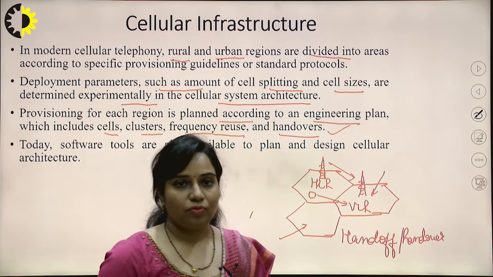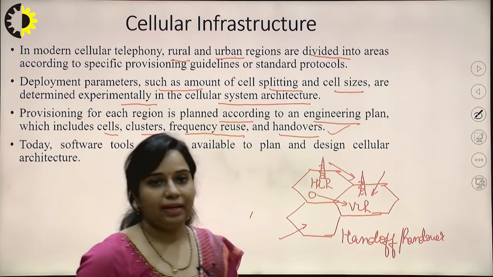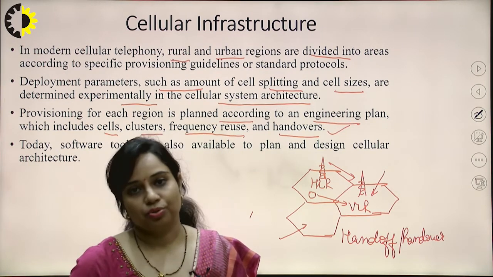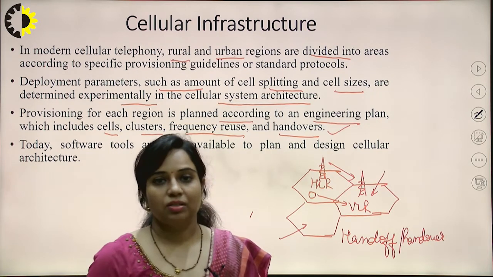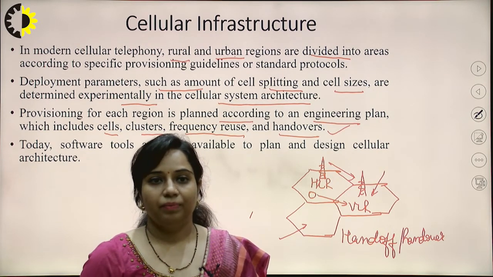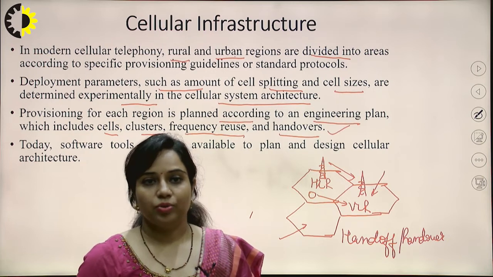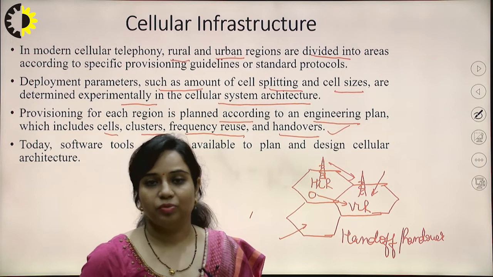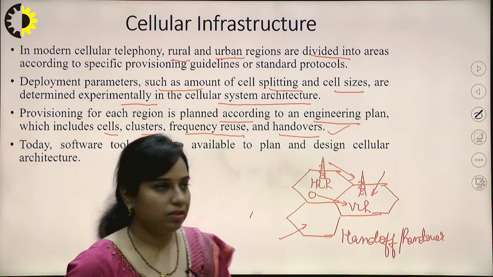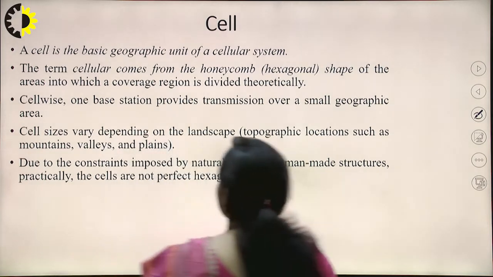Today, software tools are also available to plan and design the cellular architecture. Any area which is to be divided into different cells is divided using software, because it is not possible to manually divide an area into different cells. Now next is the cell.